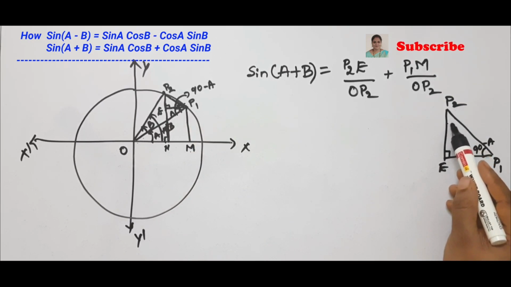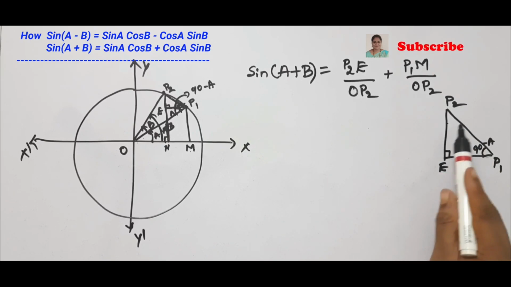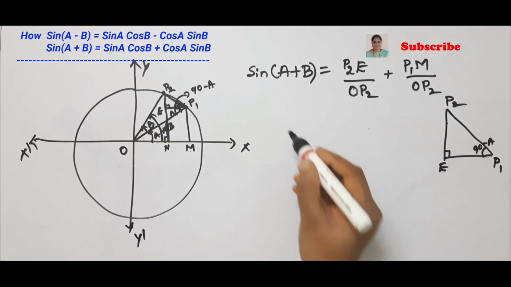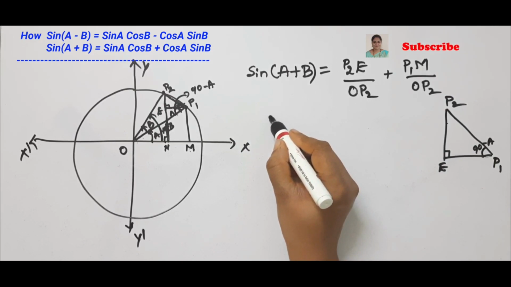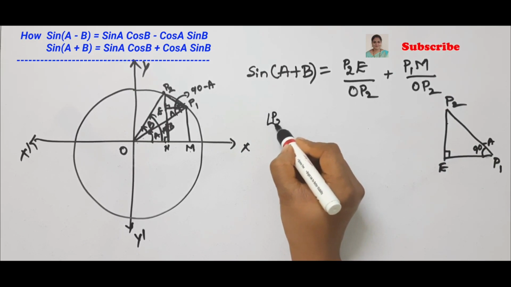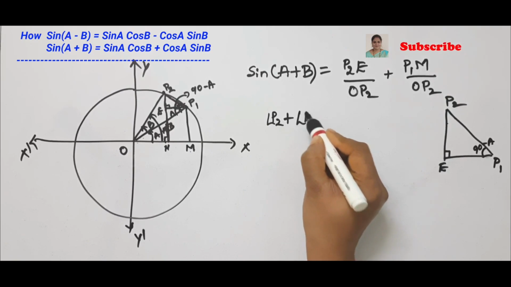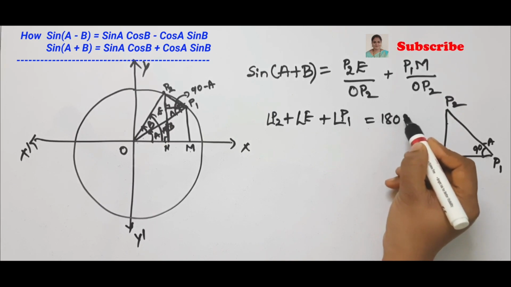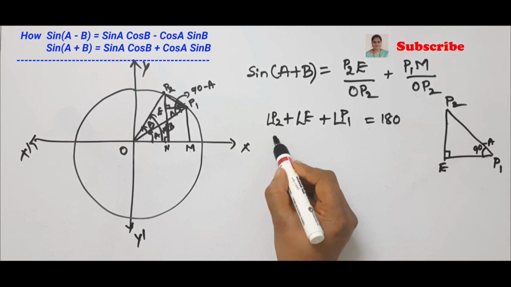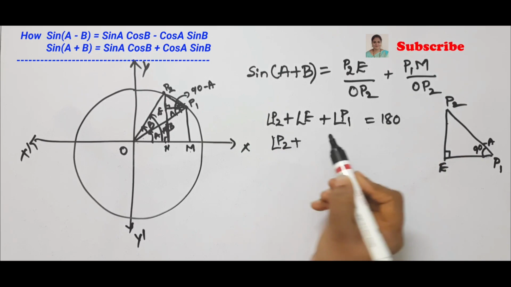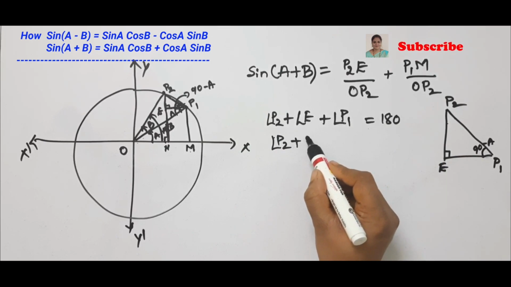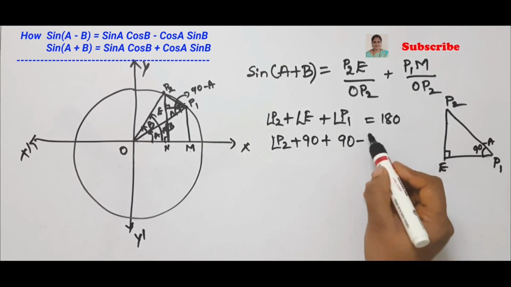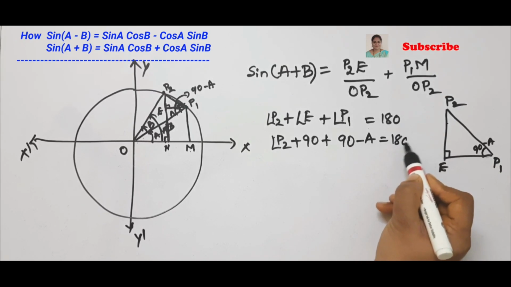Now to calculate this angle P2, let us use the properties of triangle. That is, the sum of the angles should be 180, is it not? So angle at P2 plus angle at E plus angle at P1 is equal to 180 degrees. So this is nothing but angle at P2 plus 90 plus 90 minus A is equal to 180.